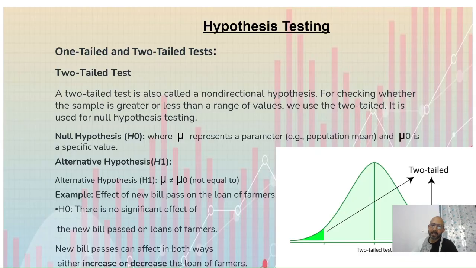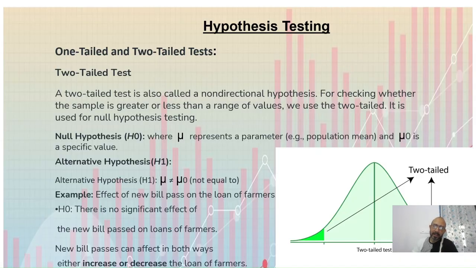Two tail test. A two tail test is also called a non-directional hypothesis, for checking whether the sample is greater or less than a range of values. We use the two tail. It is used for null hypothesis testing where mu represents the parameter and mu 0 is the specific value.